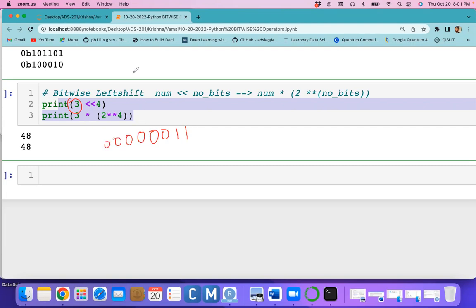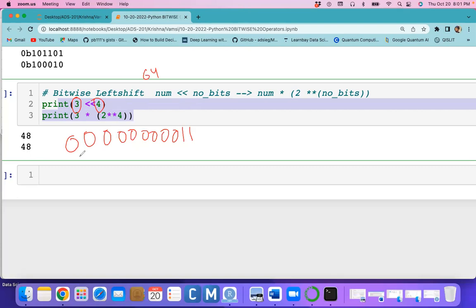For example, if my computer is 64 bit, then 62 zeros are automatically set in front. Now I want to shift towards the left side.